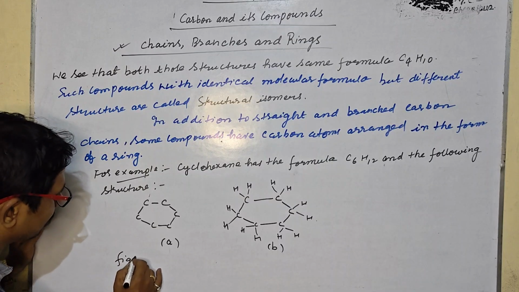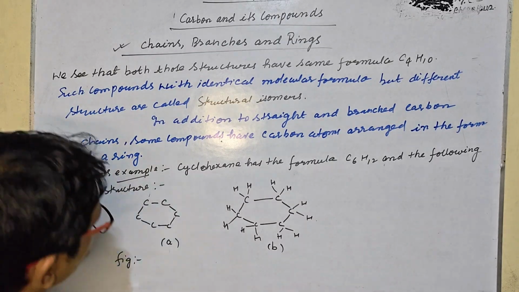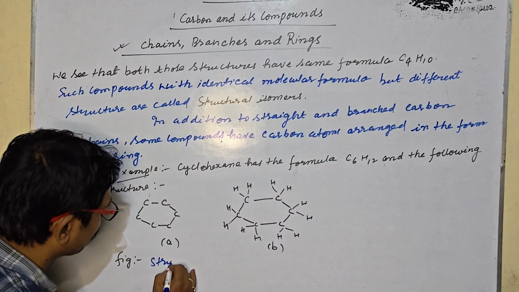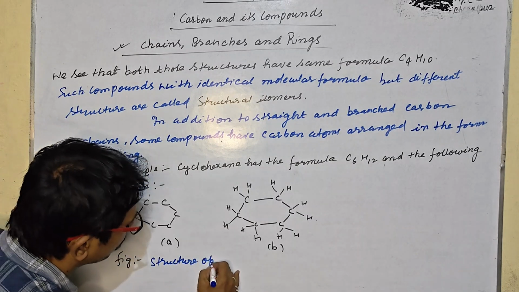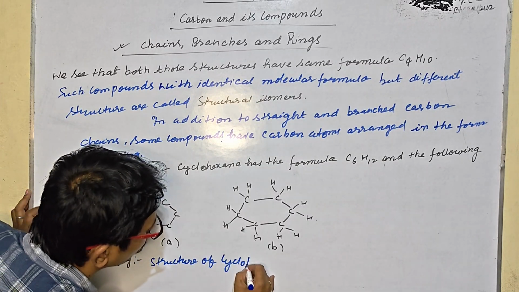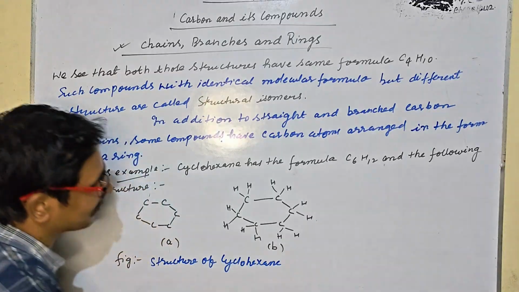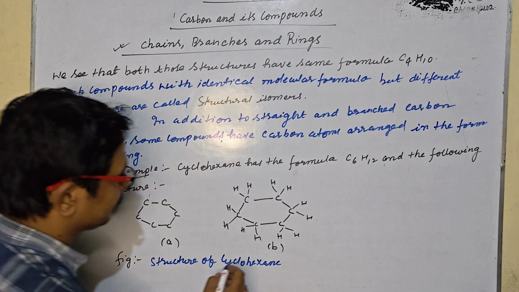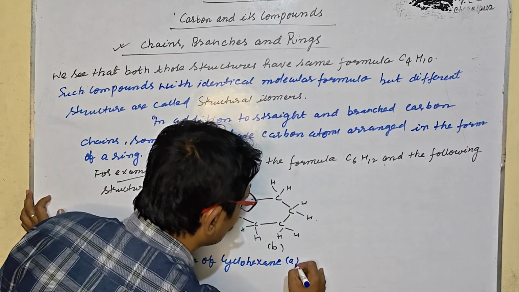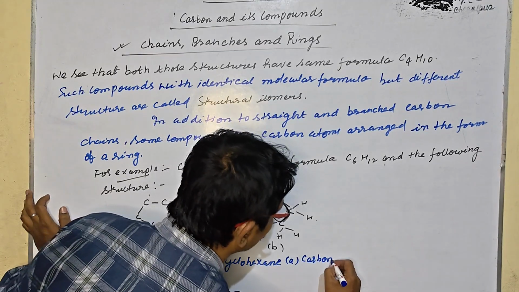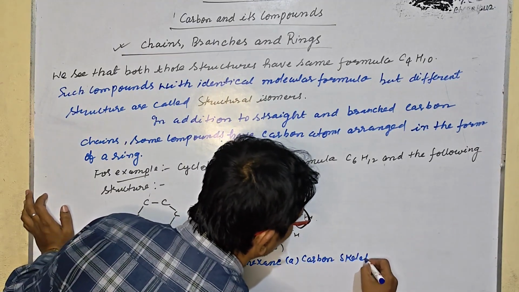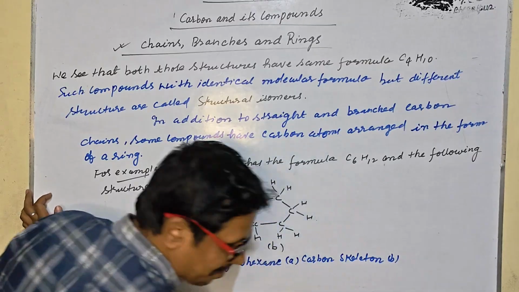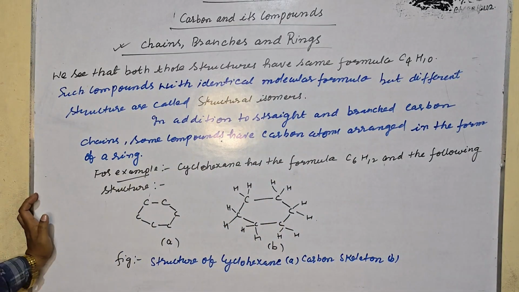The figure shows the structure of cyclohexane: A is the carbon skeleton and B is the complete molecule.